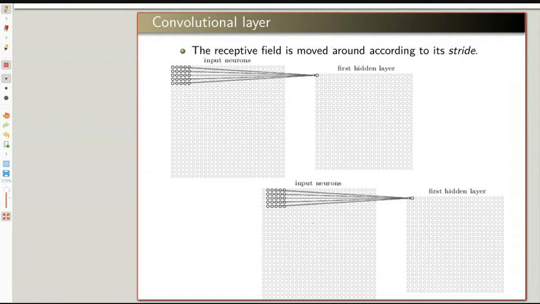The stride is the number we move the receptive field. In my example before, it was 1, and usually it is 1. So you take this square 5 by 5 and you produce a new value here. Then you move the square 5 by 5 1 pixel on the right, and then you produce this new value here, and so on. Okay, and this is this image here.